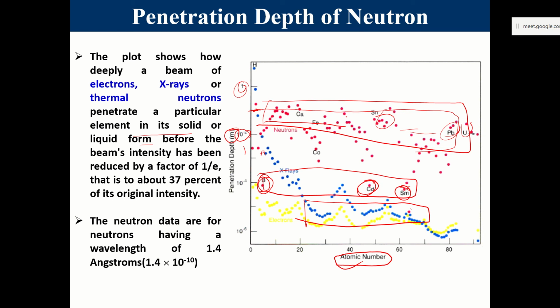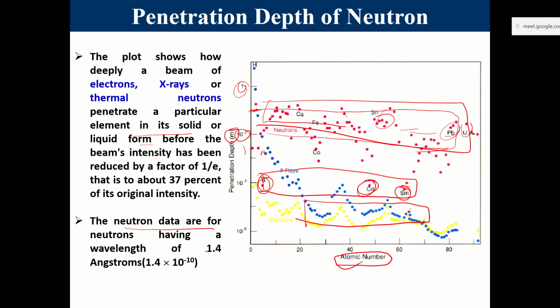In neutron diffraction the penetration depth is low for these three, because their nuclei absorb the neutrons. That is a special property. Only in those cases it will fail. For most of it, it will be very very good.